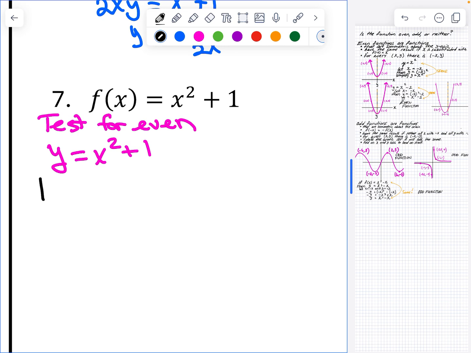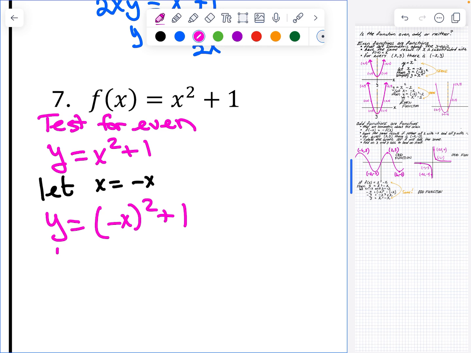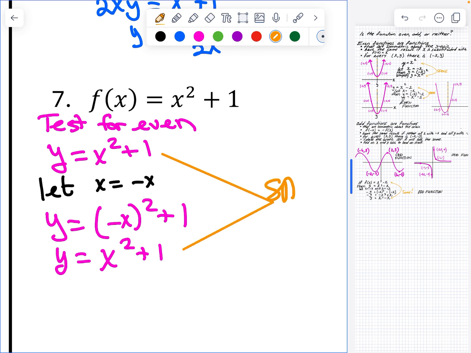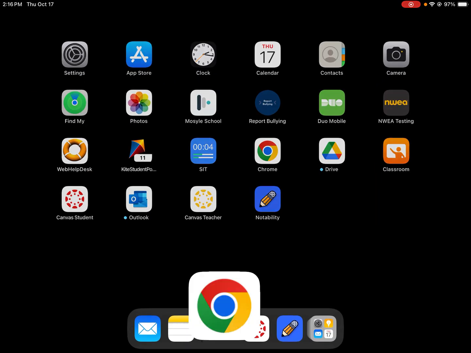Then we're going to let x equal negative x, which means the problem would be y equals (negative x) squared plus 1. If we simplify that, that would be x squared plus 1. We will notice that this equation and this equation are the same. Therefore, it is even.